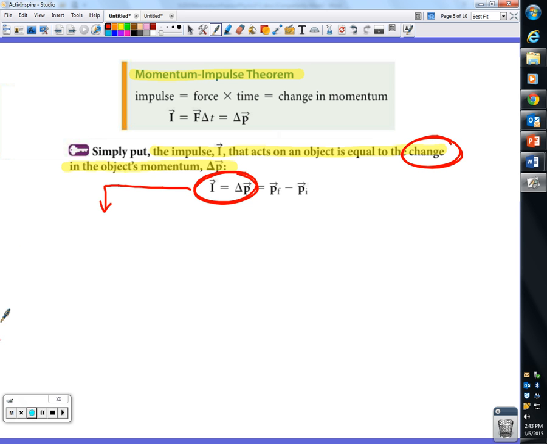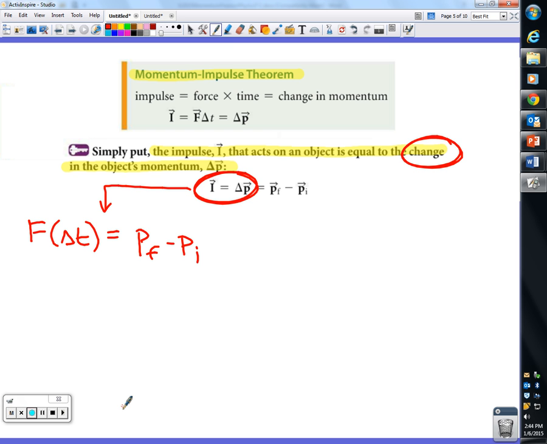Force and time. So we can change the left-hand side of this equation to look like this. The right-hand side being delta P, the change in the momentum. We know that when we calculate the change in anything, it's P final minus P initial.